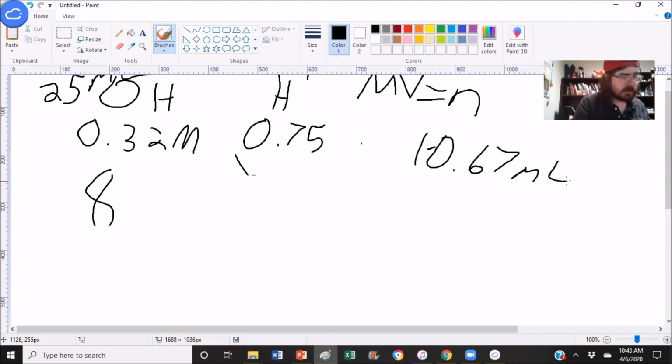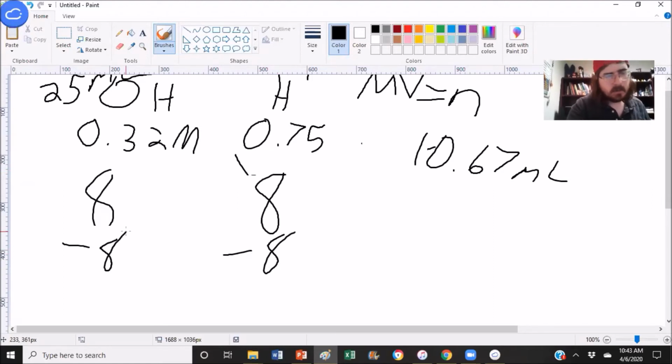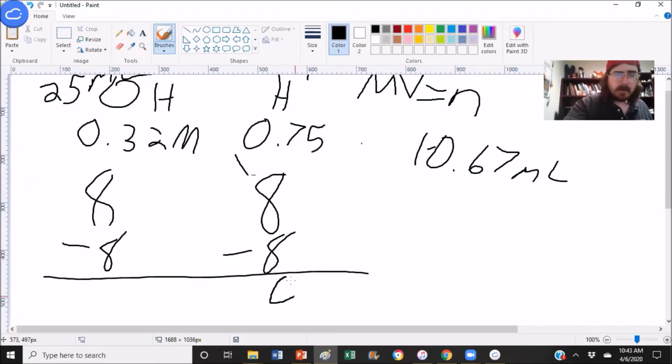So 10.67 mils times our 0.75 would give us approximately 8 millimoles of acid. So at equivalence point, 8 cancels 8. How much acid do we have? 0. How much base do we have? 0. So when there's no acid and no base, it is neutral.